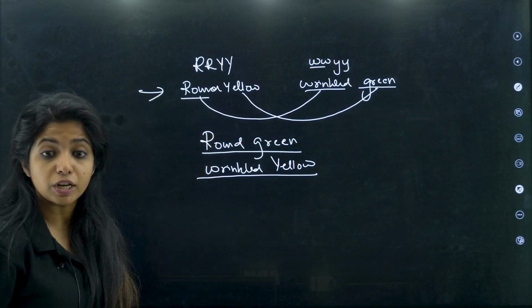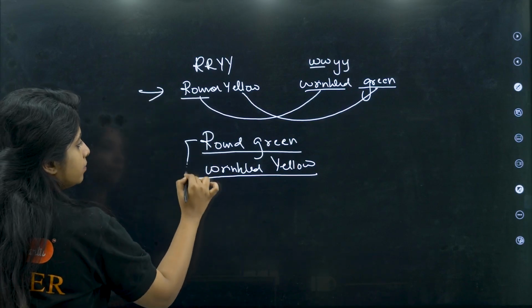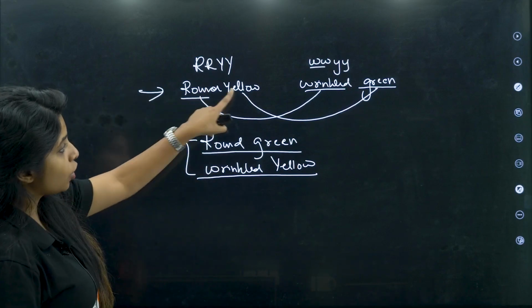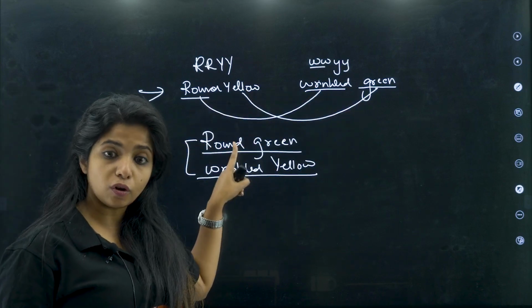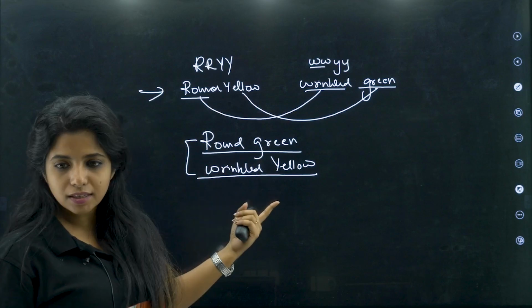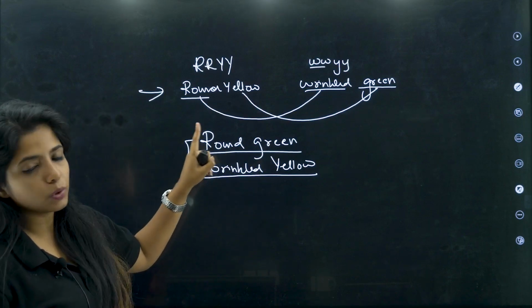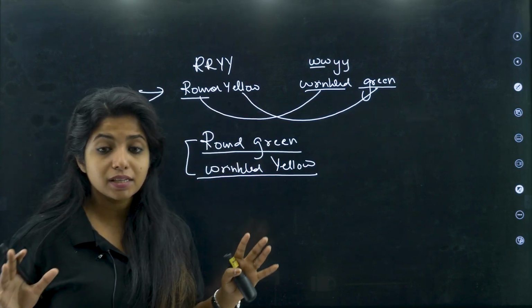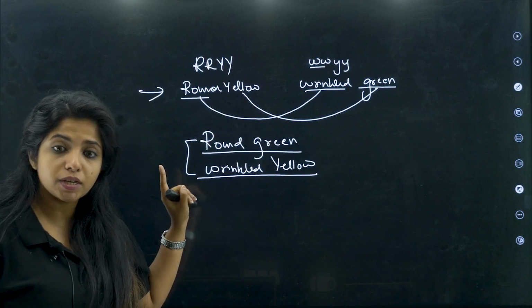This is the next new combination. You can write either yellow wrinkled or wrinkled yellow, it's the same thing, and round green. So these are the new combinations that you could be finding.